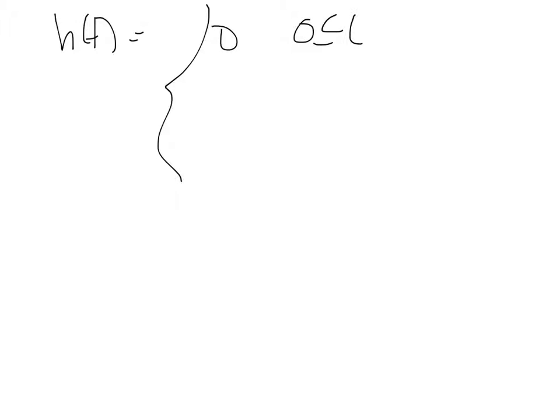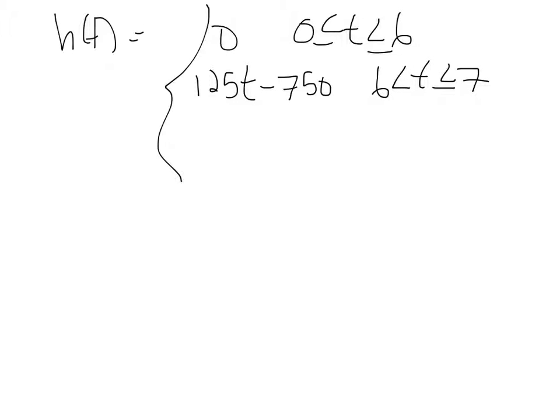So h of t is 0. We found from 0 is less than t is less than or equal to 6. Then I found 125t minus 750 for 6 is less than t is less than or equal to 7.